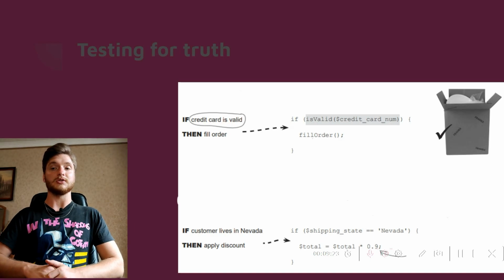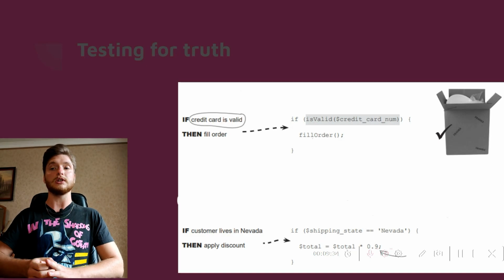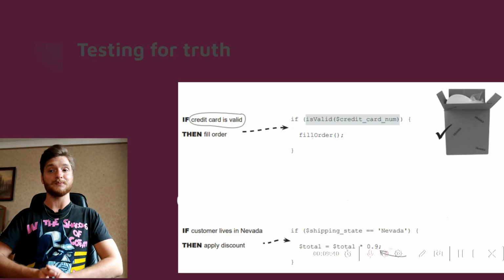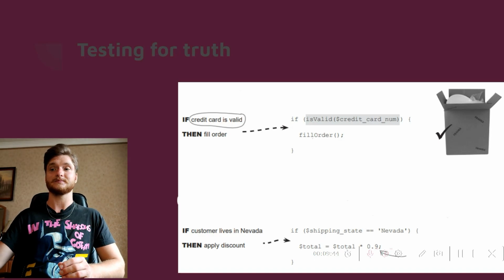It's quite common to use a comparison as a test condition, which typically involves comparing a variable to some value. For example, maybe Elmer wants to give a discount to customers who live in Nevada. He could create an if statement that carries out a comparison on part of the shipping address, like this.